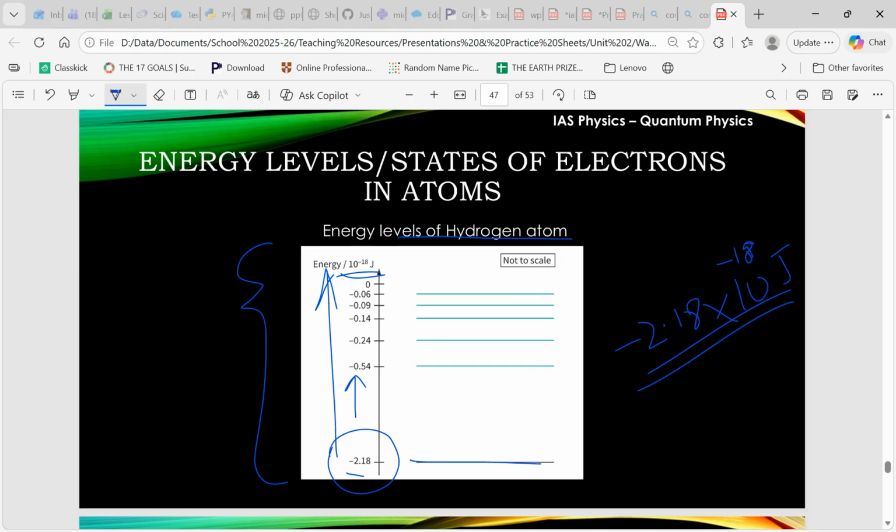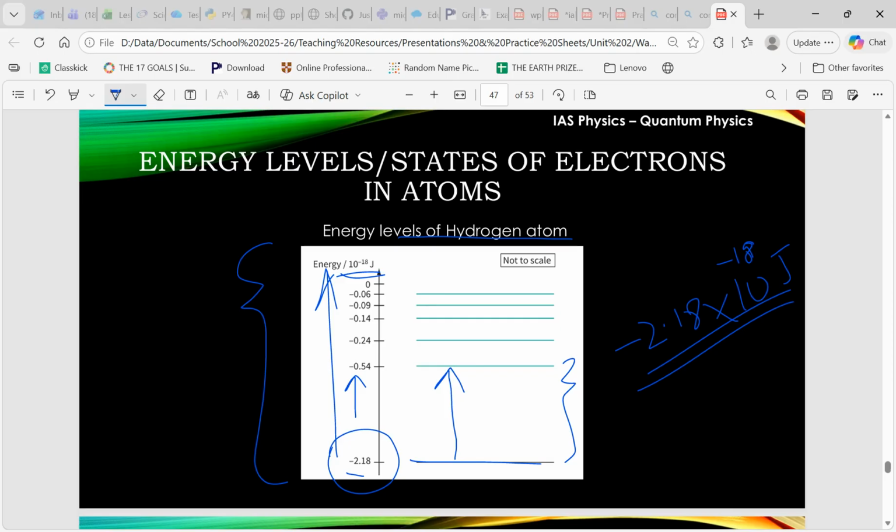They could be given in joules, they could be given in electron volts. And when you're finding the difference of energy between any two energy levels, you can use the negative sign as it is and find the difference. For example, if an electron of a hydrogen atom is getting excited and jumps from the first energy level to the second energy level, then what energy photon does it need to absorb?